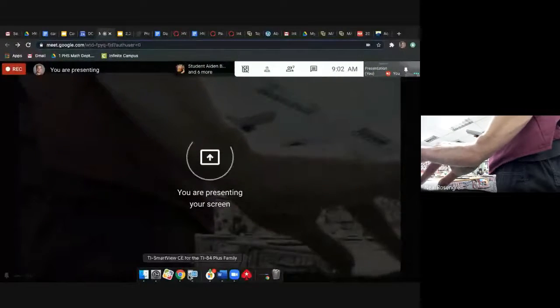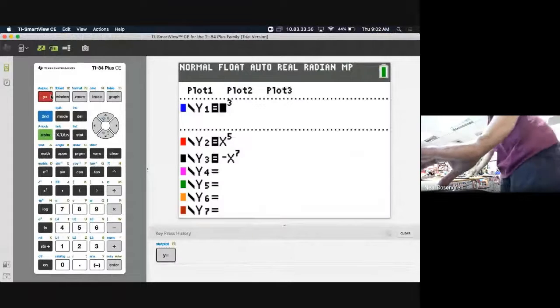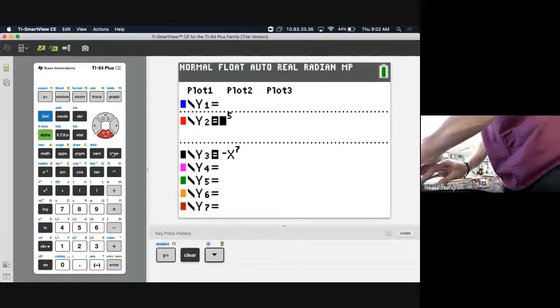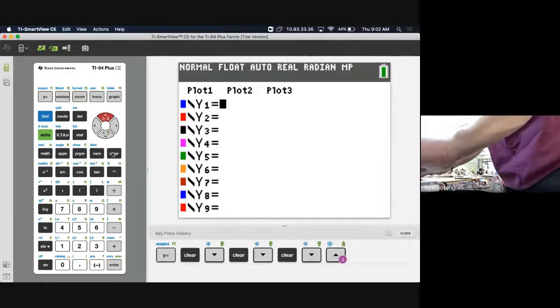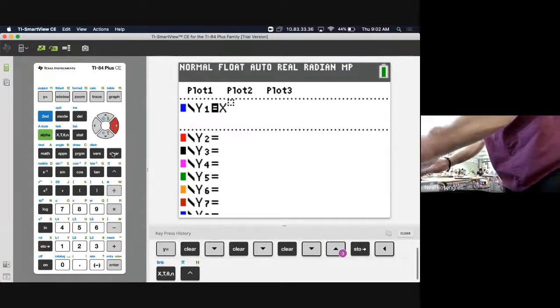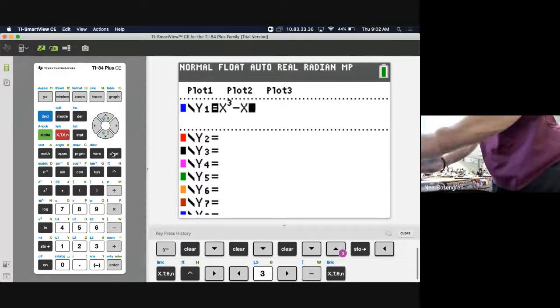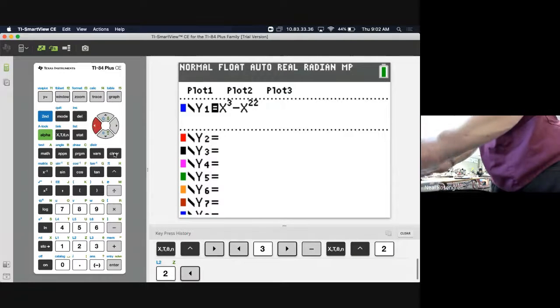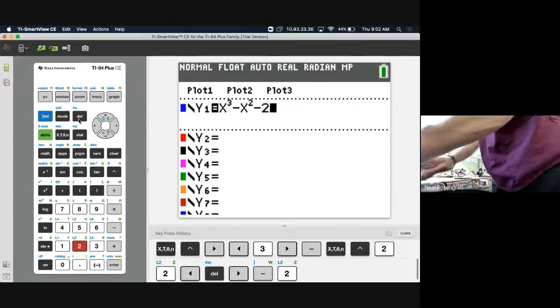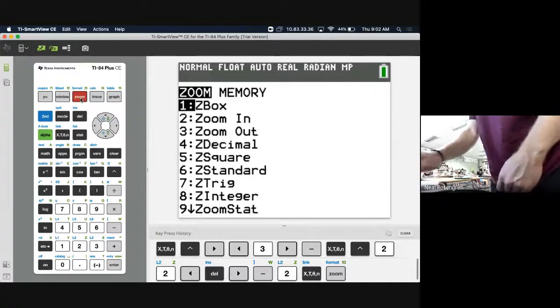Go to your calculator, and let's see how we did. X cubed minus x squared minus 2x.